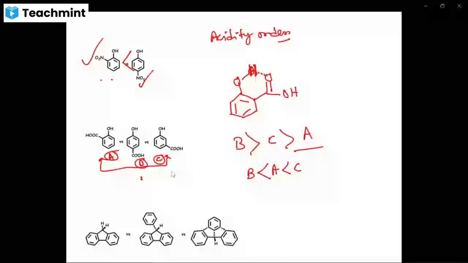So now I have given you a clue. Now can you tell what will be the order? First tell me what will be the most acidic. A, B, and C, what will be the most acidic? A is most acidic. Why?